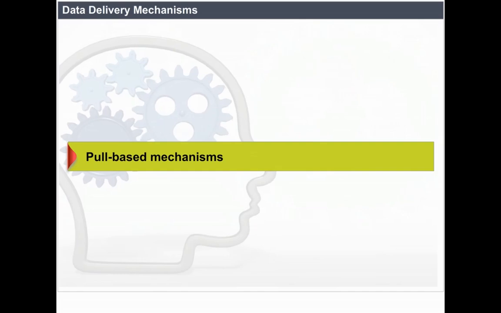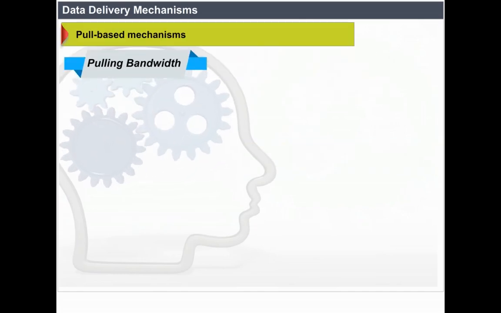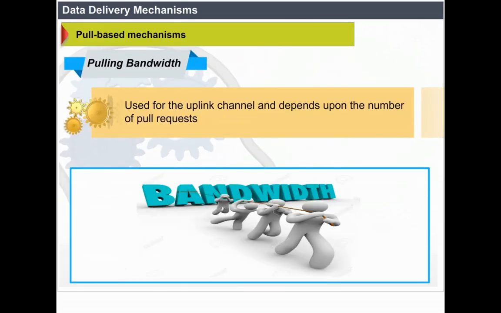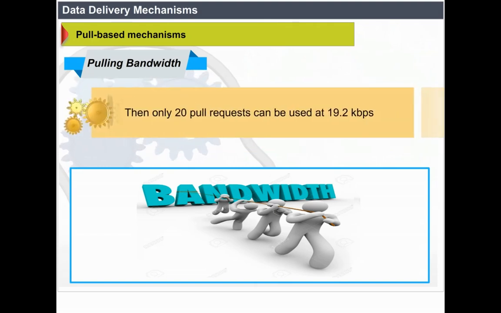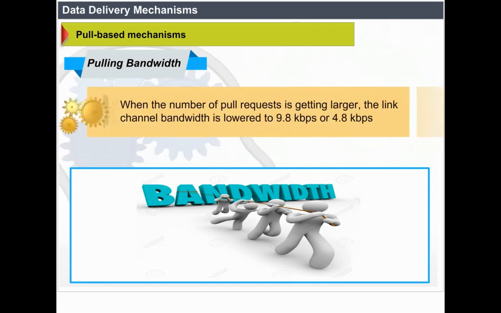Pull-based mechanisms. Pulling bandwidth. It is used for the uplink channel and depends upon the number of pull requests. Assume that an uplink bandwidth of 19.2 kbps and the service provider's application distribution system server accepts 384 kbps. Then only 20 pull requests can be used at 19.2 kbps.